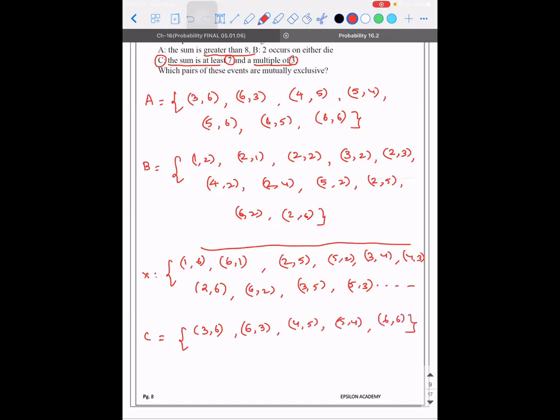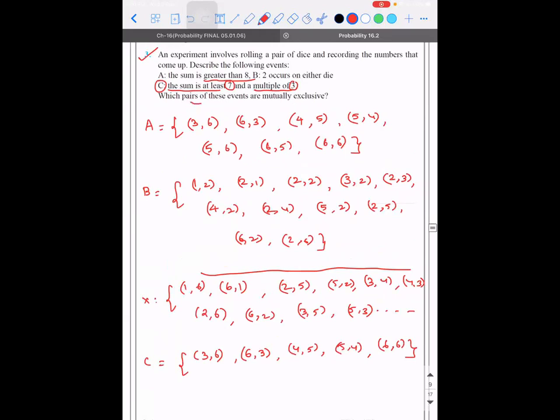Now they're asking which pairs of these events are mutually exclusive. Mutually exclusive means there is no intersection at all. So which are mutually exclusive?